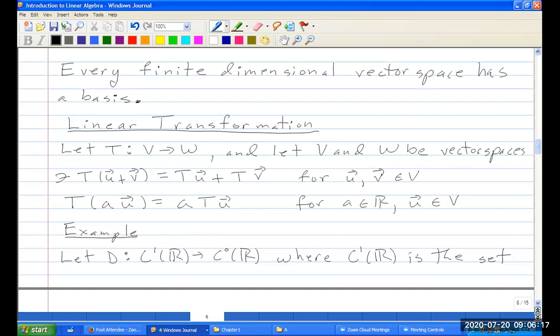Let T be a function from V to W. What is a transformation? A fancy name for a function. Why do we call it a transformation? I don't know, because we want people to be impressed by this fancy term. Like operators, we study operators. Well, what are those? Functions.